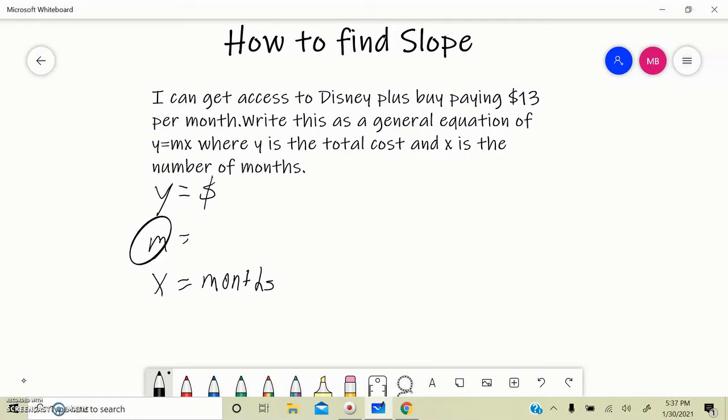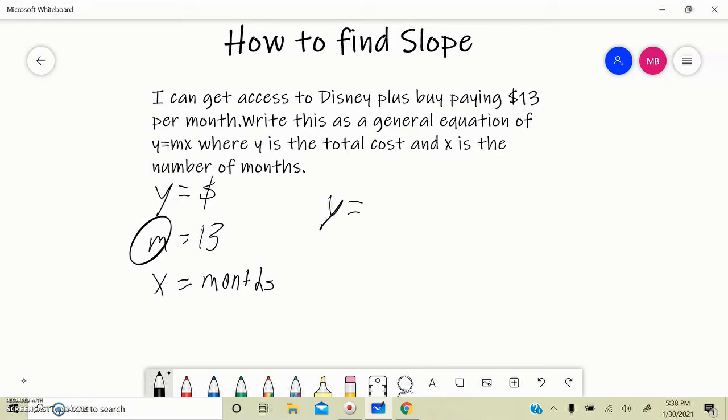So in this situation, I can get access to Disney Plus by paying $13 per month. So that's going to be my rate, which is now going to be my slope. I don't know my total cost, so I'm going to leave that as just y.